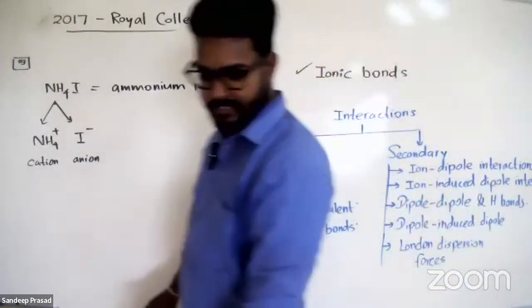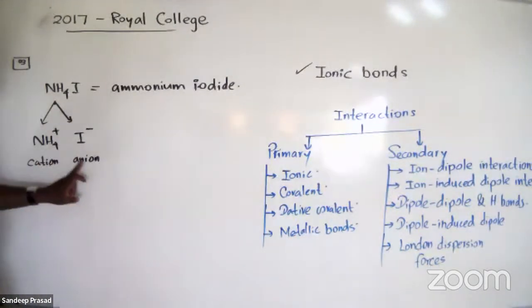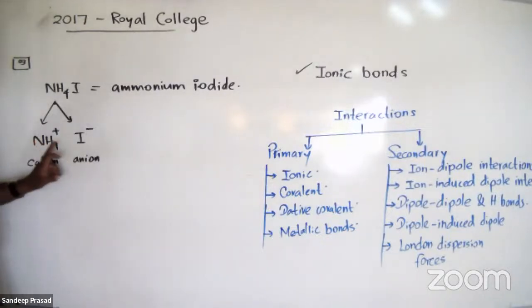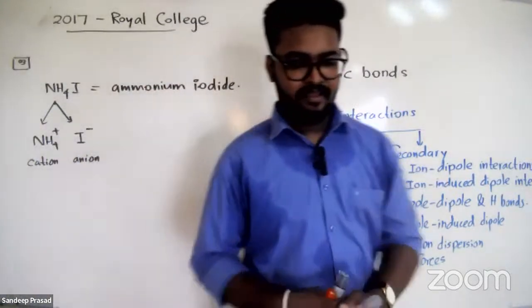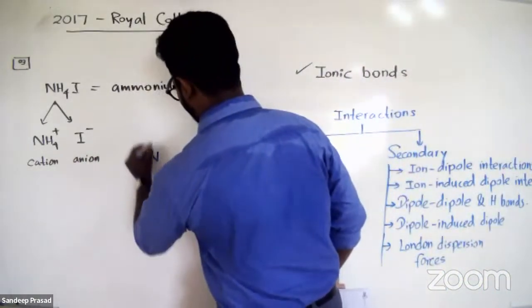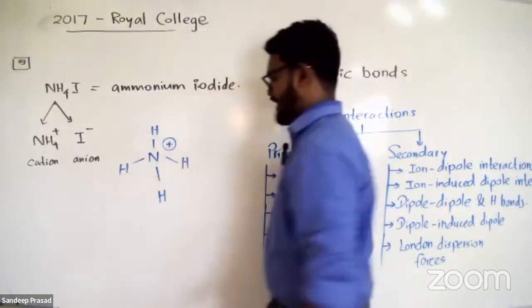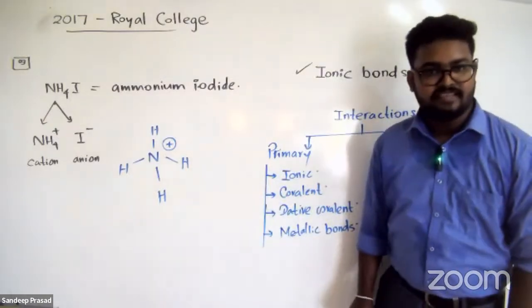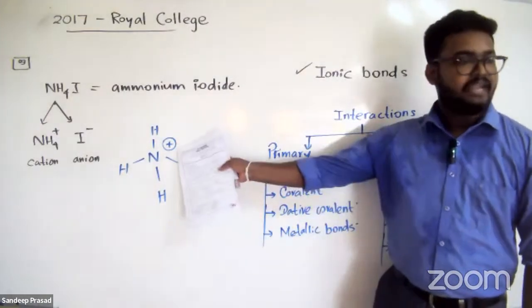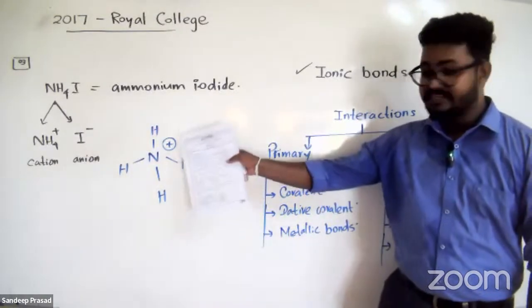Look at this one. We have to identify what bonds are in this ammonium iodide aqueous solution. Since there is a cation and anion, ionic bonds are there. What do you know about the ammonium cation? We drew the Lewis structure for it. In NH4 plus there are covalent bonds, and there is also a dative covalent bond.